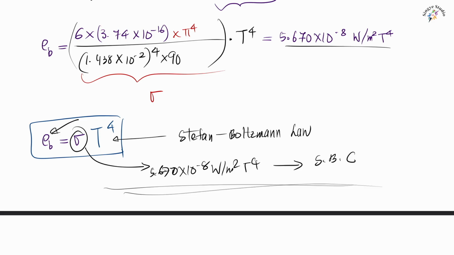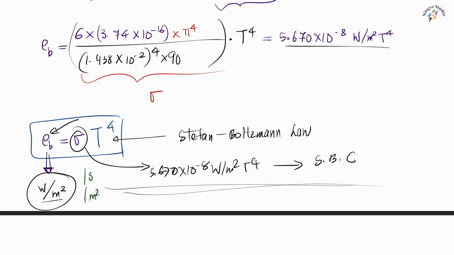So in a nutshell, what this gives is the emissive power, the total hemispherical emissive power of a black body. Okay, which will be in watt per meter squared, right? Because it is also the radiant flux, which is the thermal heat flow per second per meter squared.